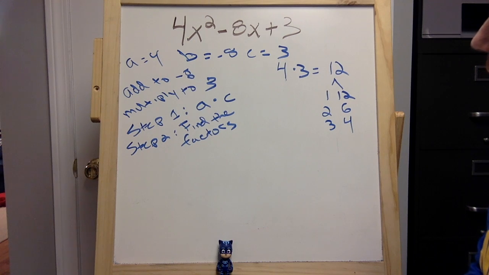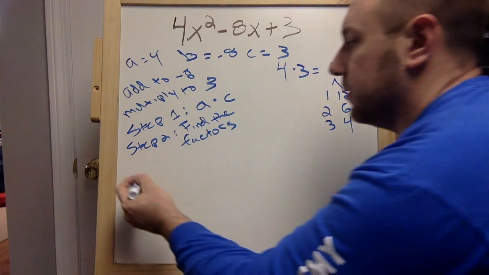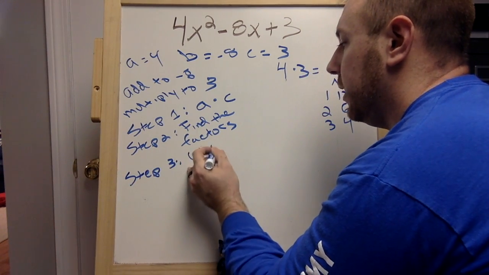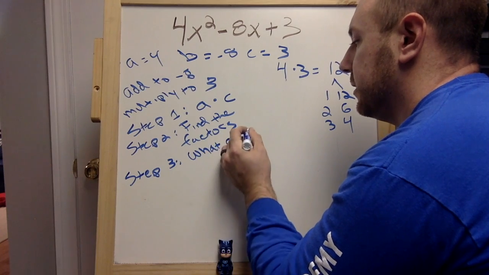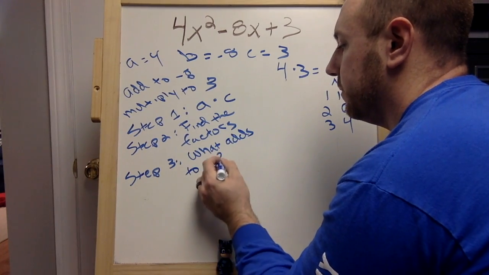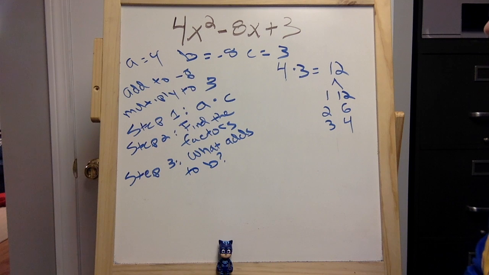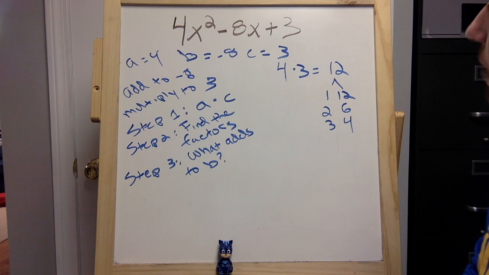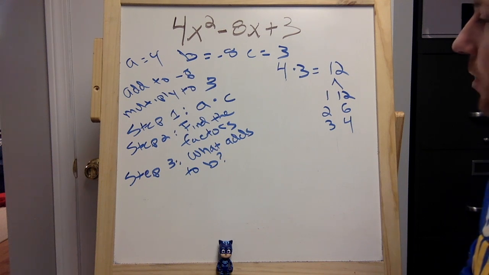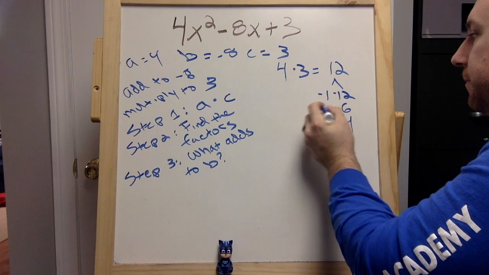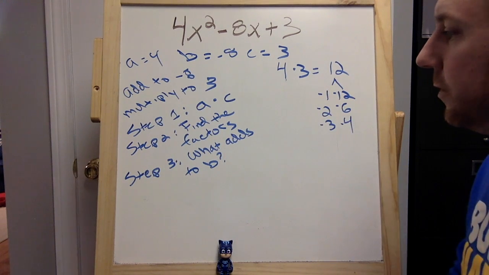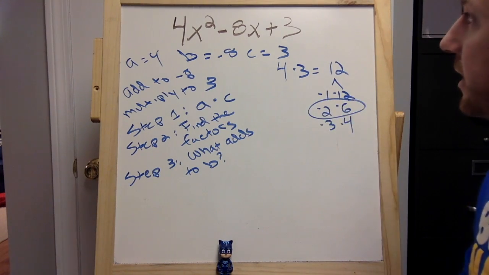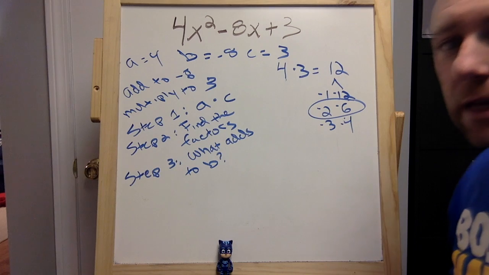Now also I need to figure out for step 3 what adds to B. Well, B is -8 and C is 12. So that means these both need to be negative. And which two? Oh, the -2 and the -6. Those equal the -8.